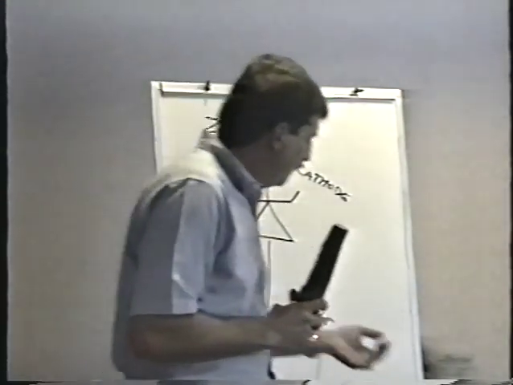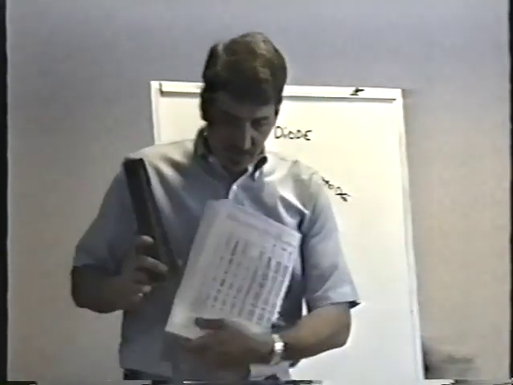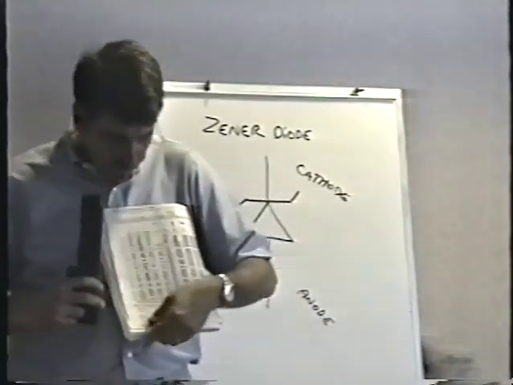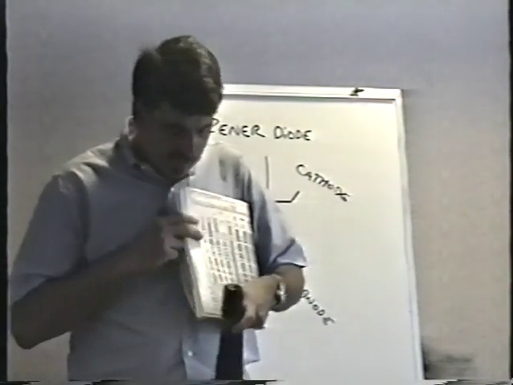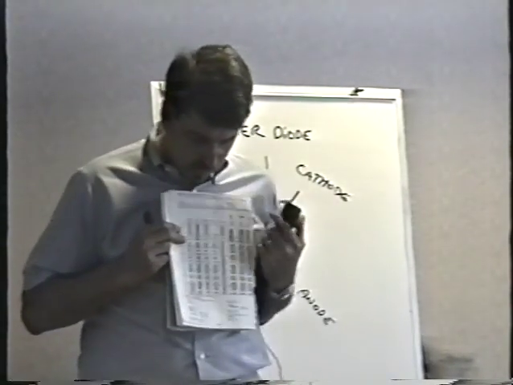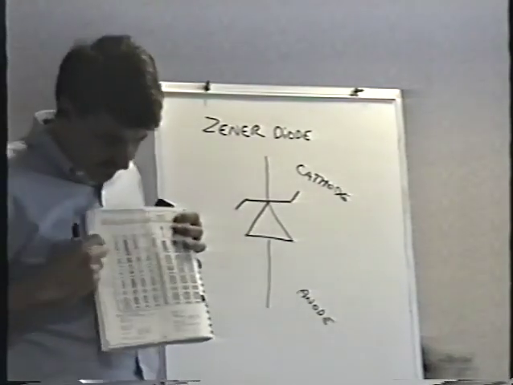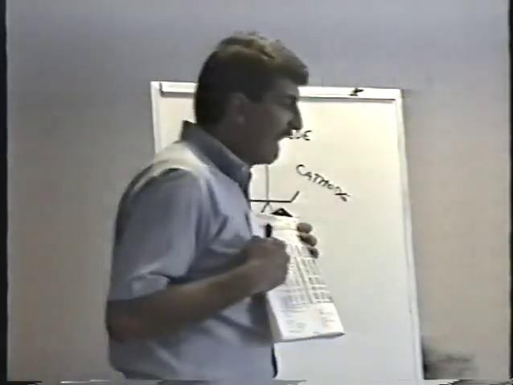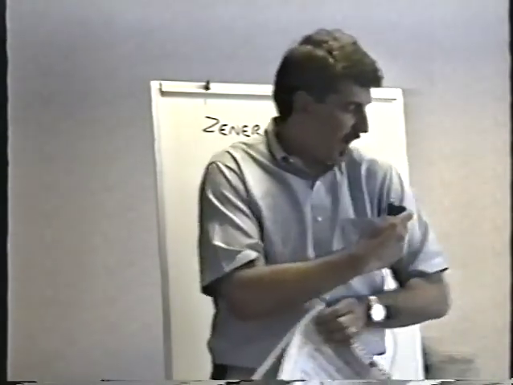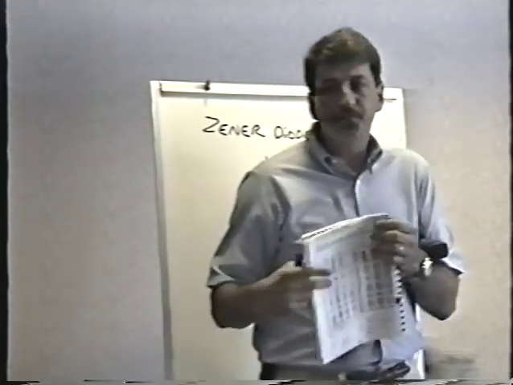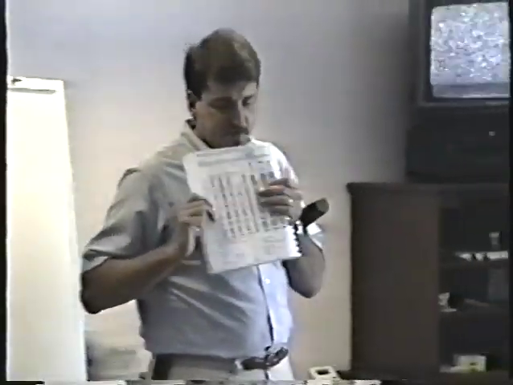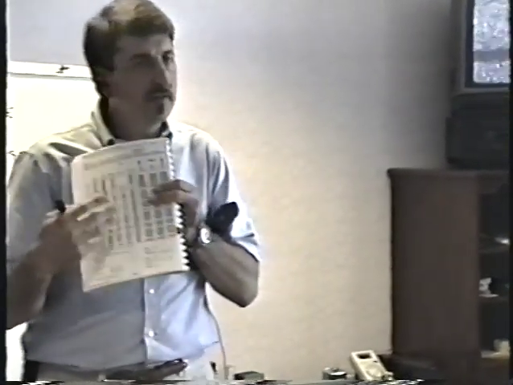Now, if you look at the chart, look down the far left-hand column, where it says nominal Zener voltage. And if you look at these voltages, they're nothing like the kind of voltages that we've seen so far. I mean, so far, when we've been looking at voltages for diodes, for instance, we had 50-volt diodes, and 100-volt diodes, and 400-volt diodes.